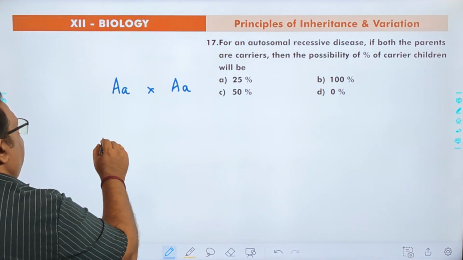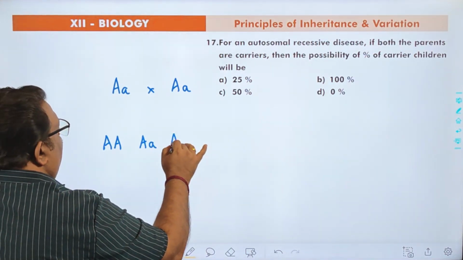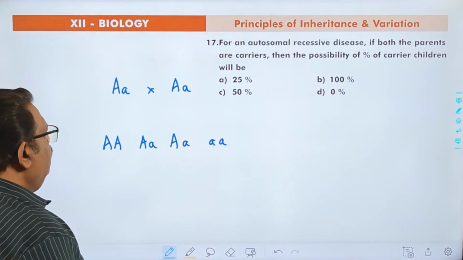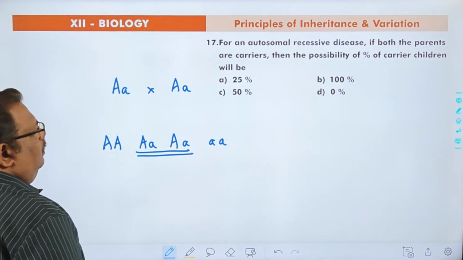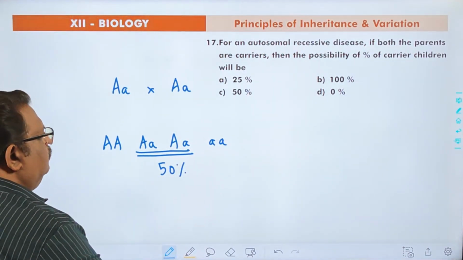So what are the possibilities? Capital A capital A, capital A small a, capital A small a, small a small a. So what are the carriers? Capital A small a are the carriers. So the percentage will be 50%. So this is the answer.